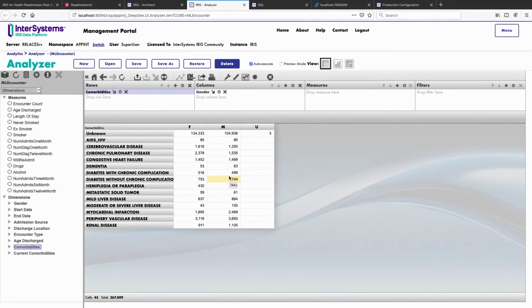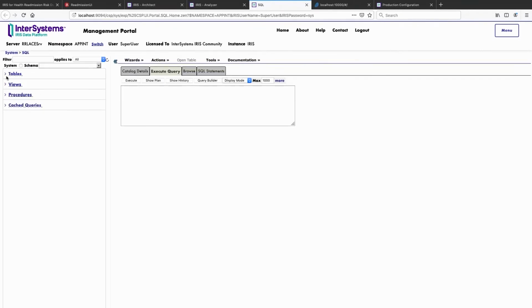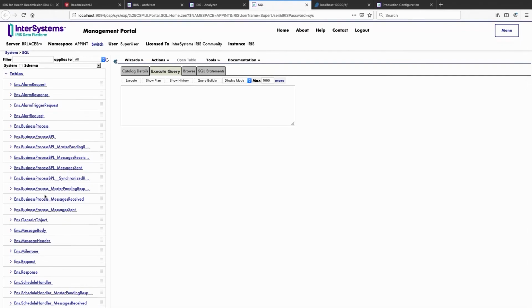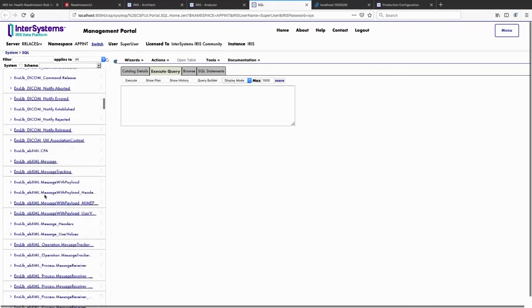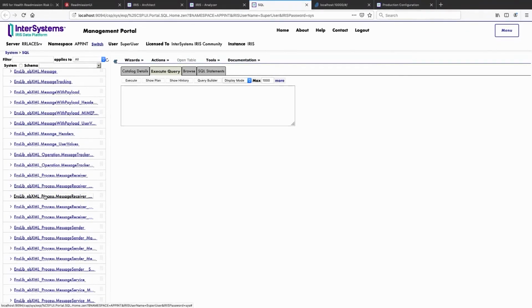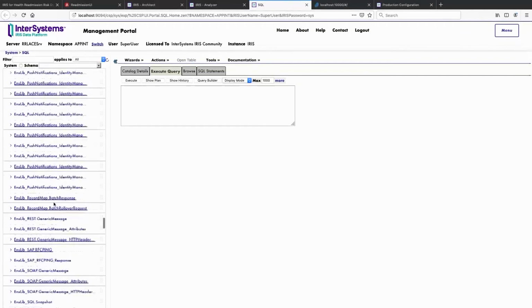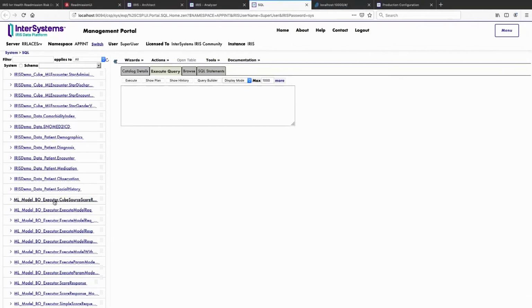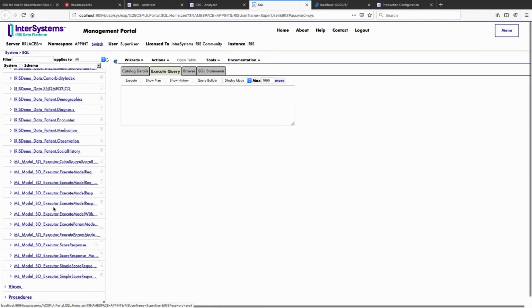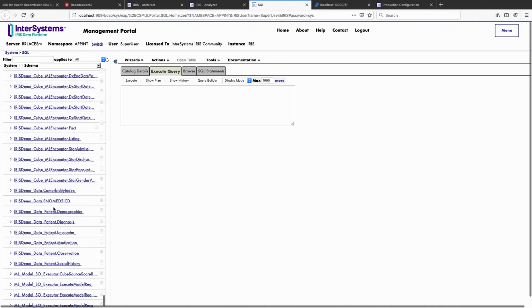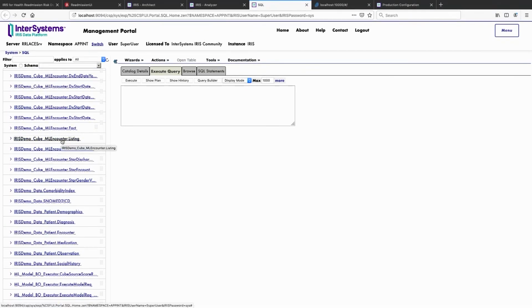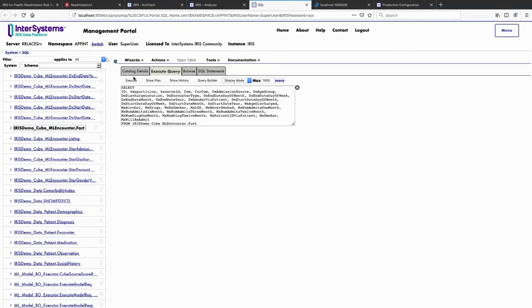But as I said, this is not good enough for machine learning. If you look at the star schema that this generates, I'm out of time, I think. My watch says 0 all the time since I started. But I'll try to be quick here. If I look at the model, IRIS model, IRIS demo, CubeML encounter, that's the fact table here.